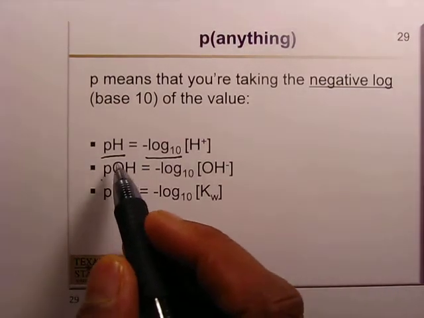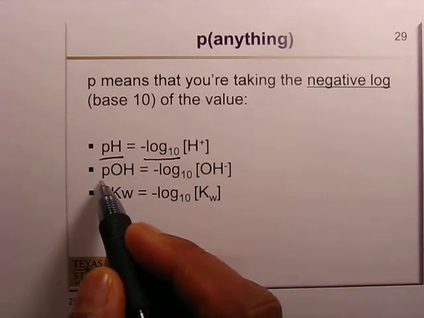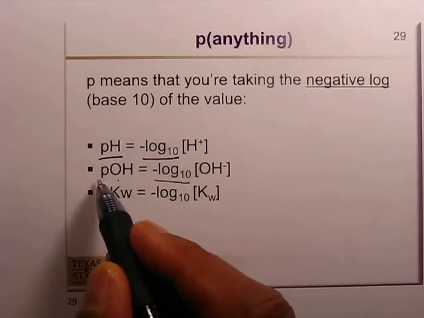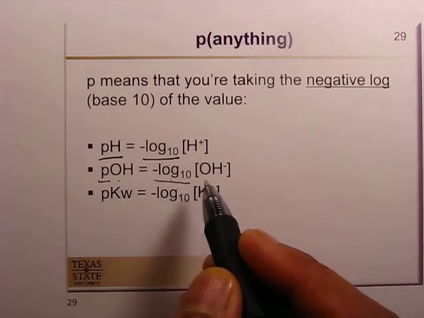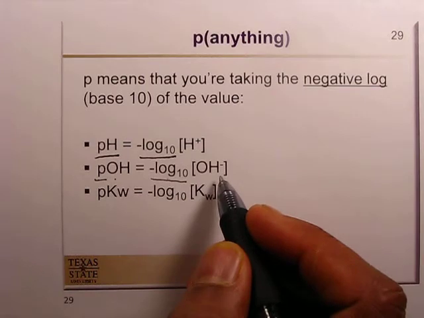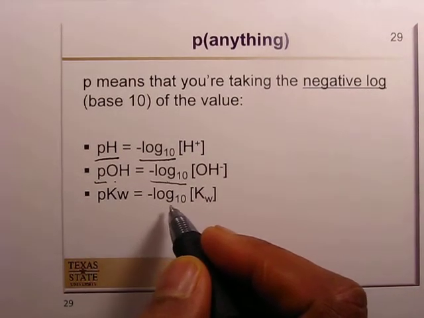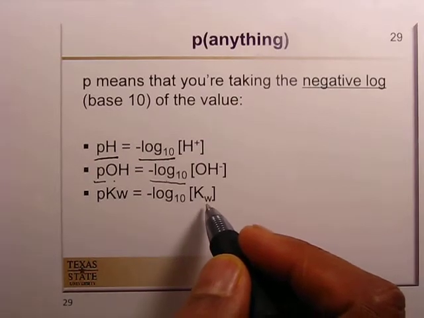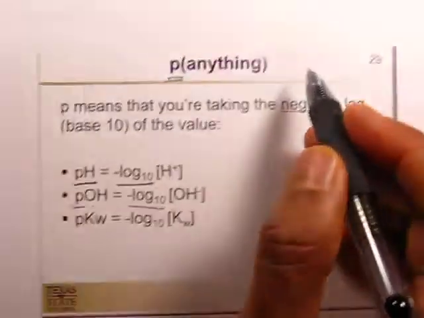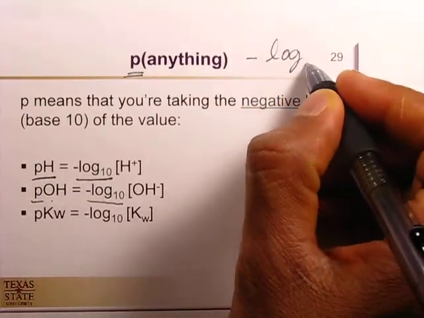For example, pH means negative log of hydrogen ion concentration, and pOH means negative log of hydroxyl ion concentration, where the big parentheses mean molarity or concentration. pKw is equal to negative log of Kw. So P for anything means we are taking the negative log at base 10.